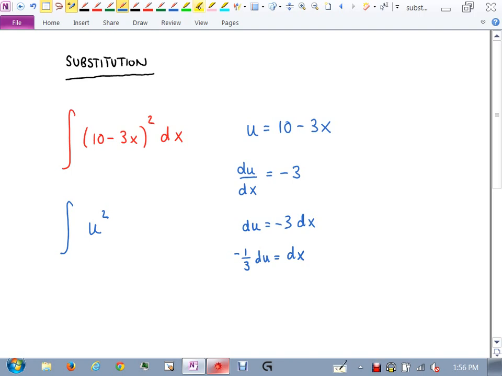So what I'm going to do is this. This dx is going to replace that dx. So I'm replacing dx in that integral with what? Times, so this is like multiplication right here, times what? Negative 1/3 du.